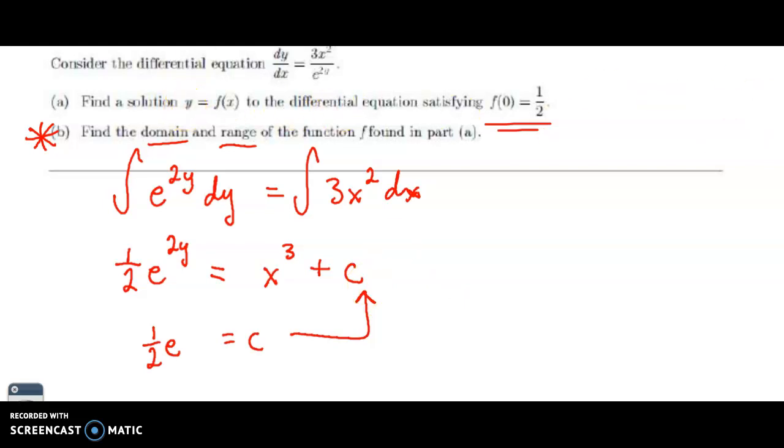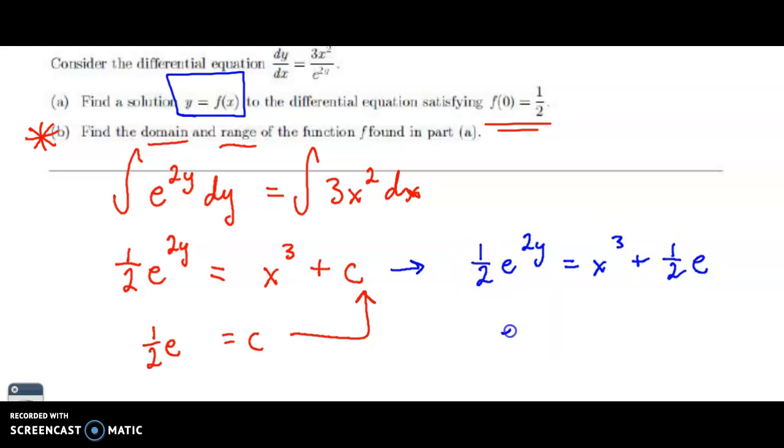But notice the directions. They want you to solve the equation for y. Well, how do I do that? That's going back to this problem and saying, okay, 1/2 e to the 2y is equal to x cubed plus 1/2 e. Well, let's multiply everything by 2 to get rid of that 1/2. 2x cubed plus e.